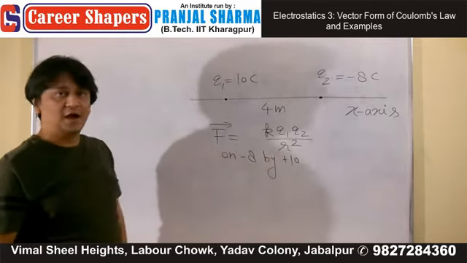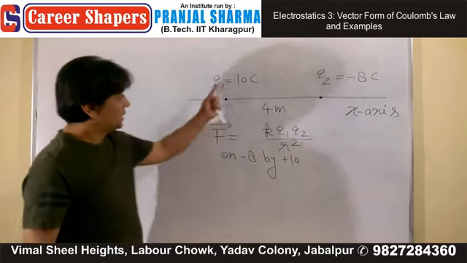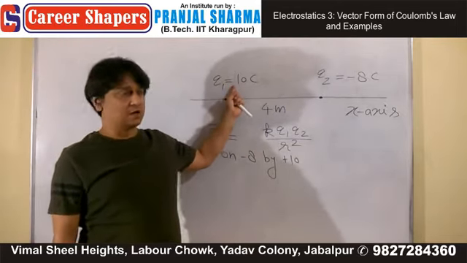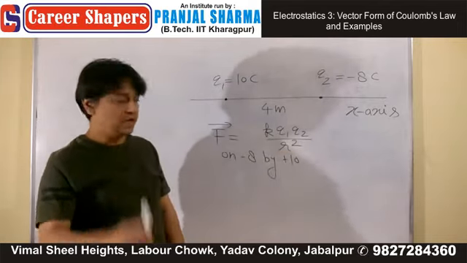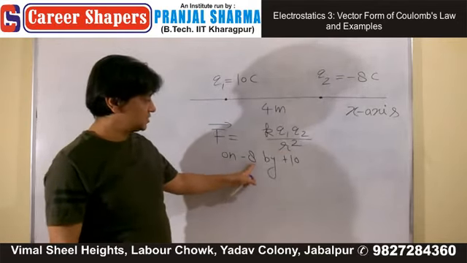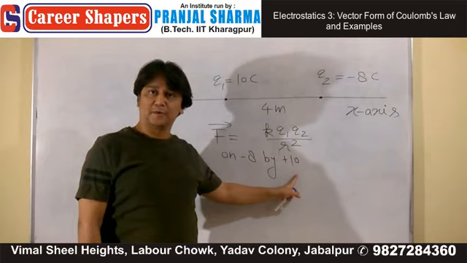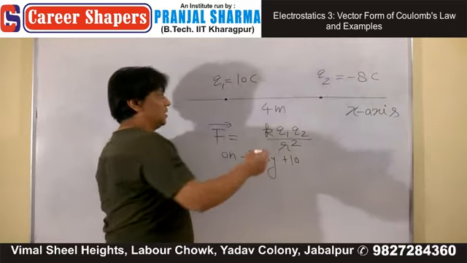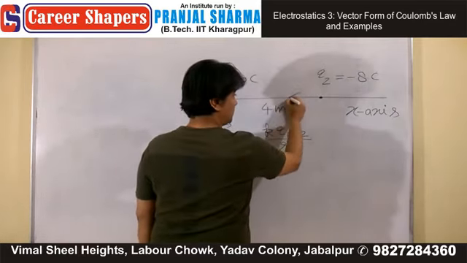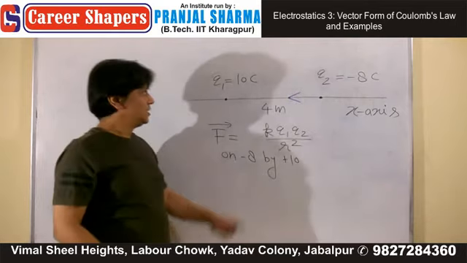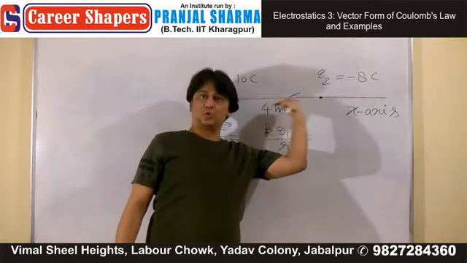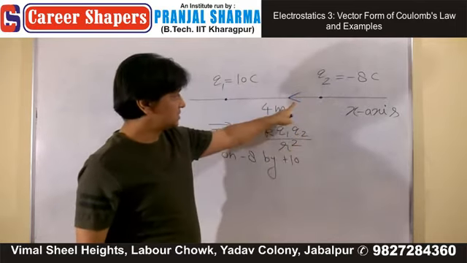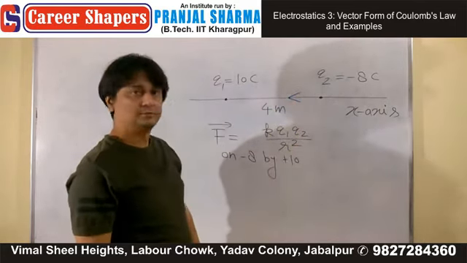Now, if I ask you direction, look at this. It's a positive charge, negative charge. We need force on the negative charge, which is coming from the positive charge. Let's not waste time, everybody can see that the positive charge is going to pull this negative charge towards itself. This is the direction of force.